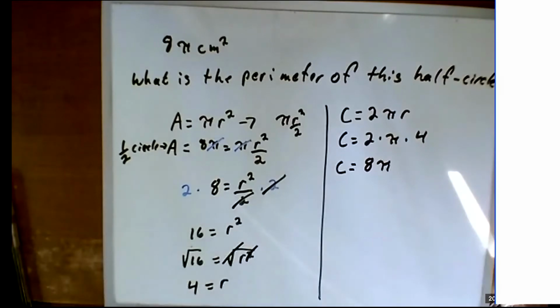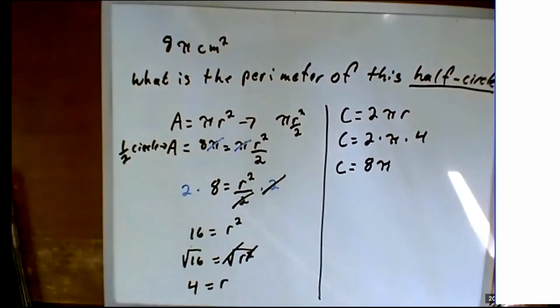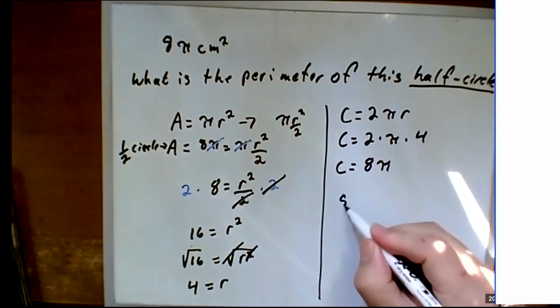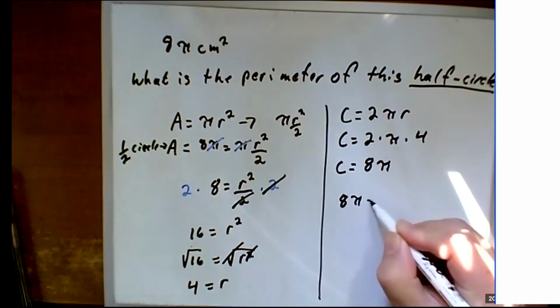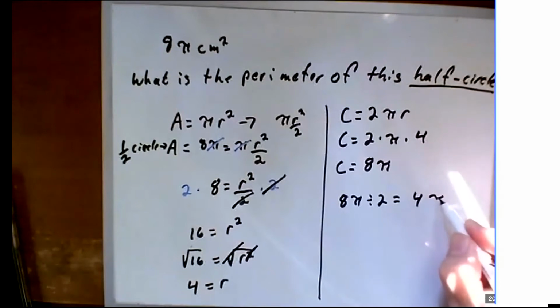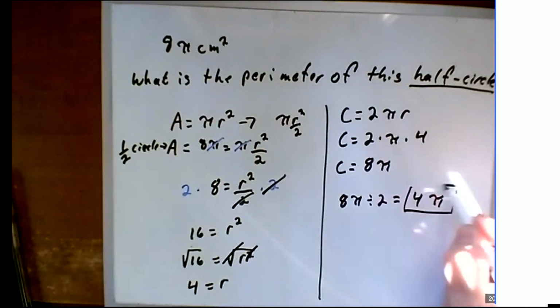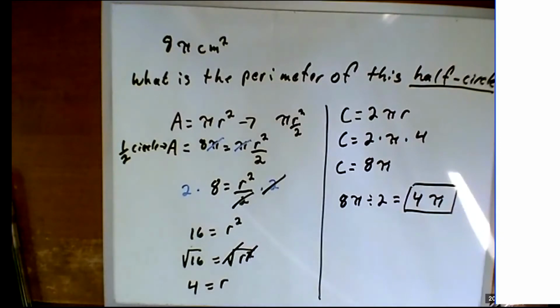But again, that's for the whole circle. Remembering that we're dealing with just half a circle here, we're going to take that final answer and divide it by 2. And we end up with simply 4 pi. And there's the perimeter of our half circle.